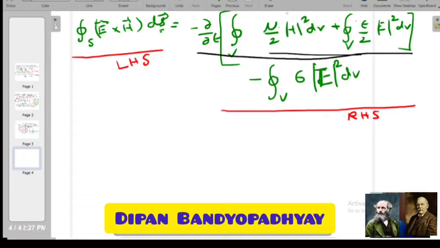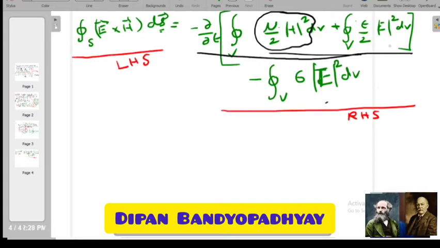Remember this part: this one basically represents the magnetic energy stored in the volume V. Since we are taking the del t with the integration, it will be the rate of change of magnetic energy, right? Rate of change of magnetic energy.